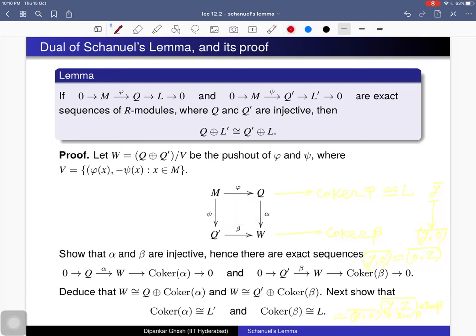Here we consider co-kernel of phi, and here we consider co-kernel of beta. So, from W to co-kernel of beta, what is co-kernel of beta? It is just W modulo image of beta, and from Q to co-kernel of phi, we have this natural projection map.